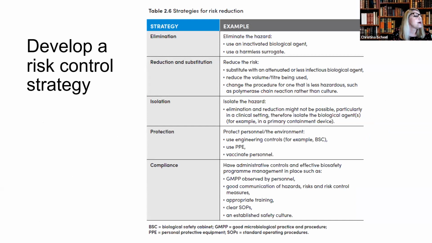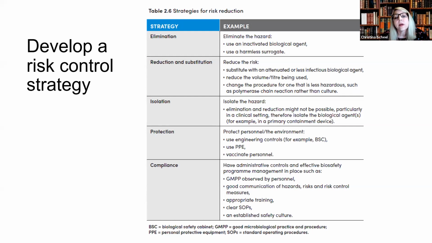So what do you do? You develop a risk control strategy. These are different types of strategies. First is elimination, basically eliminating the hazard. You could also eliminate a product or some kind of reagent that also might lower a risk.